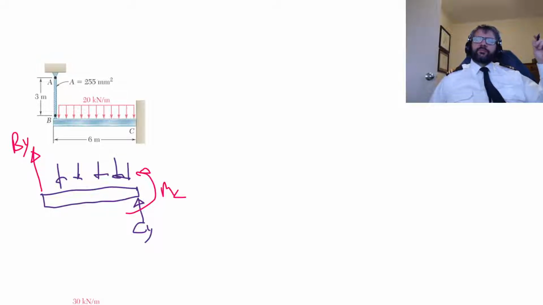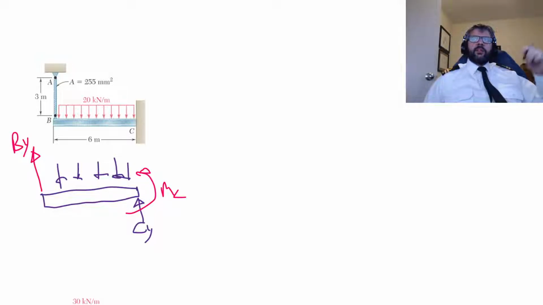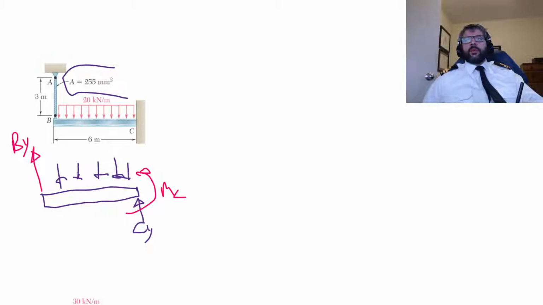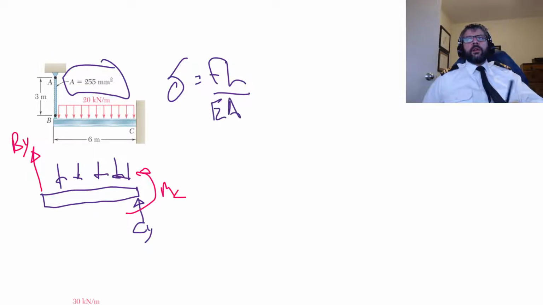So what we need to know here is the magnitude. We're given the cross section, so we know that the displacement of a rod that is stretched is going to be equal to the force times the length over EA. I'm assuming we're told the material, so we know what E is. We're given A, we know what that is. We're given the length.